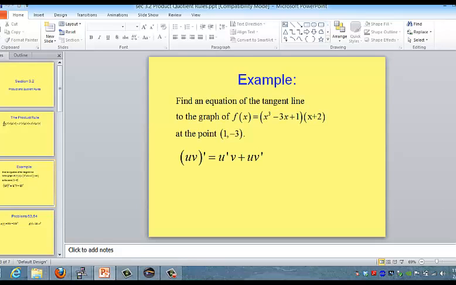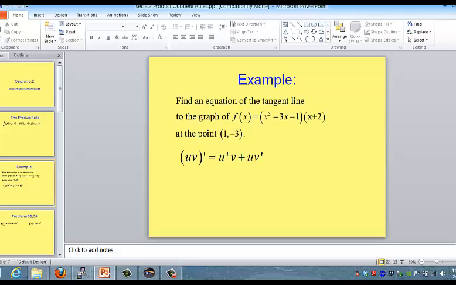I think this is a nice example to start with. We're going to find an equation of the tangent line to the graph of this function. And then I gave you what x equals also. So let's do this first, and then I'll go back, because I am going to go back later.